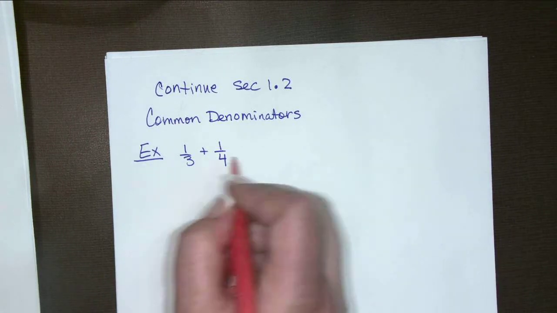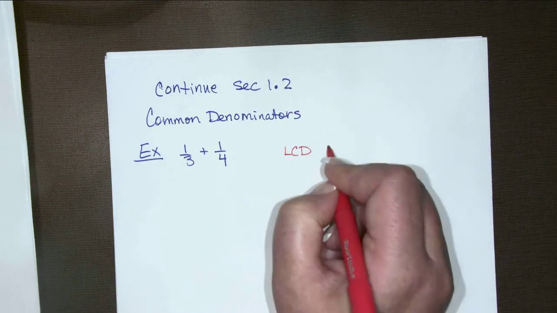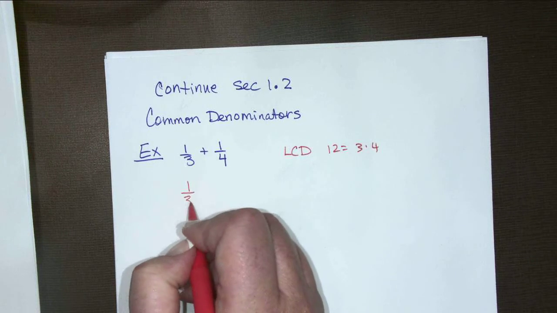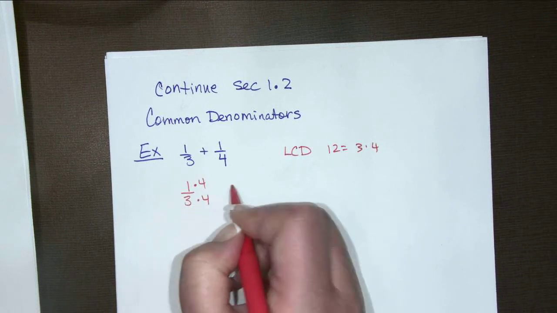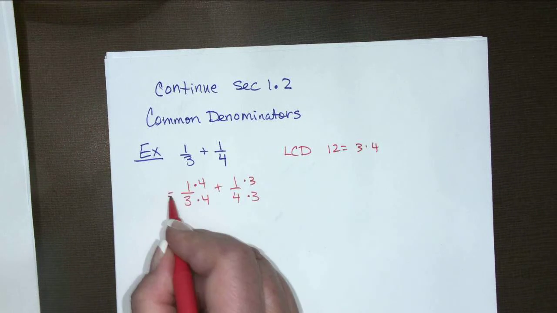So the lowest common denominator here is 12, which is 3 times 4. So we would take our first fraction and multiply that by 4, and our second fraction multiply by 3. We write our new fractions.